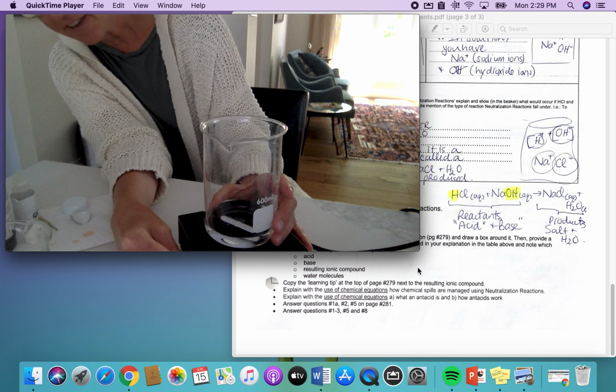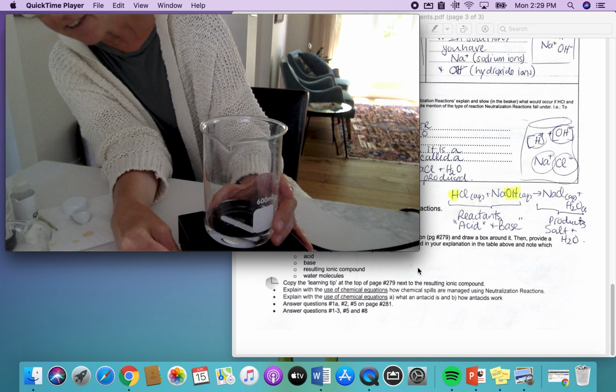Let me just add a little bit more acid here. Okay, as I've got some acid and it's stirring around on my stir plate, I'm going to add that phenolphthalein indicator to it. Do you remember if I add the phenolphthalein indicator to my acid, it's going to be colorless. Okay, so no change in color there.